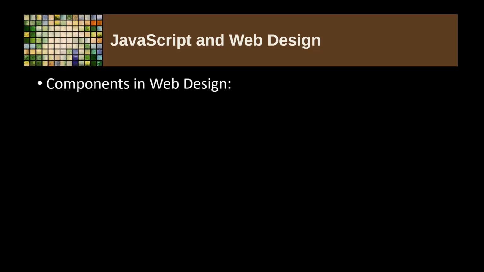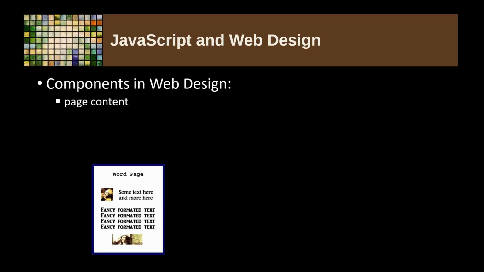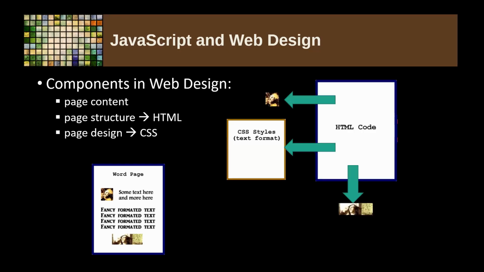So there are some different components in web design as we've talked about already. Just a little review here of how this all works. You start with page content. And then you have your page structure that's governed by your HTML code and your page design that's governed by your CSS.